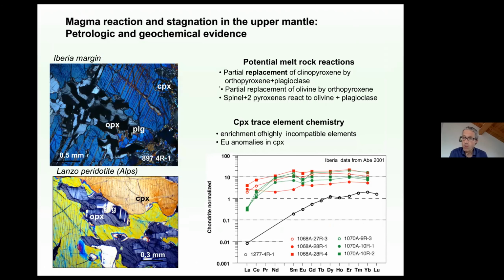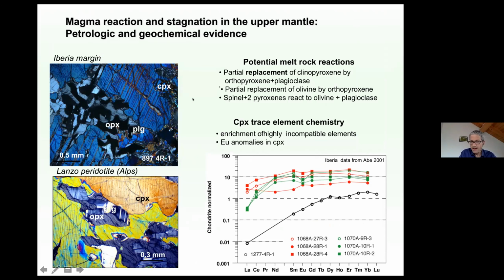So how does this rock look if you make thin sections and try to figure out the textures compared to normal mantle rocks? I compare on this figure two images. One is from the Lanzo peridotite in the Alps, and the other one is from the Iberian margin.